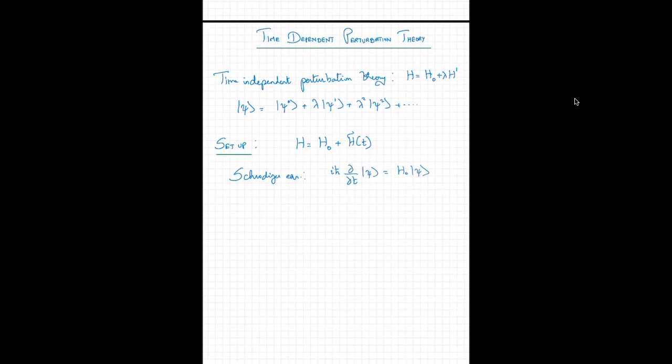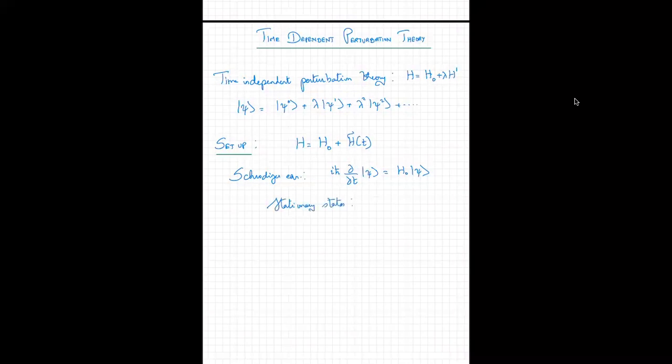And then we introduced the separable method, and we wrote the solutions as something that depends only on position and something that depends only on time, right? The reason is that H0 itself was time independent. So this is why the time part was easier for us to solve. And we got what are called stationary states.